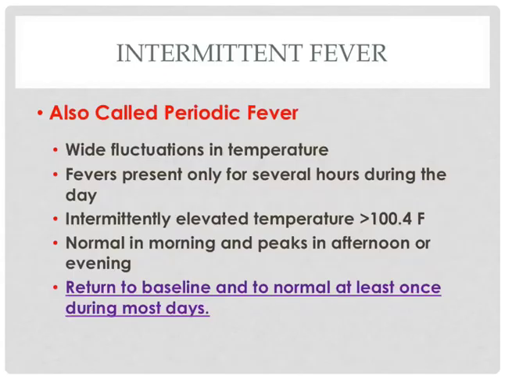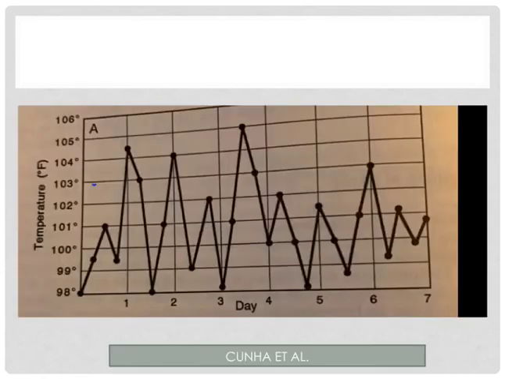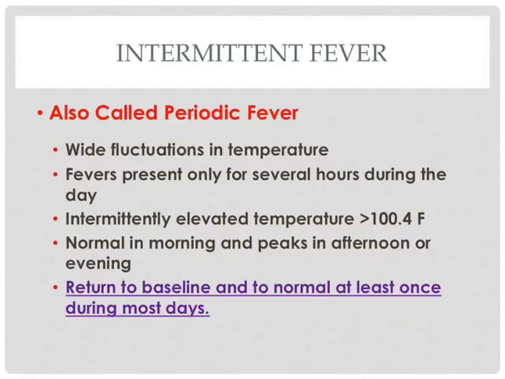Now this is called intermittent fever, also called periodic fever. There are wide fluctuations of temperature. You can see here it's all over the place, the temperature spikes. The fever is present only for several hours during a particular day, as you can see in the graph as well. They have greater than 100.4 when they have a fever.